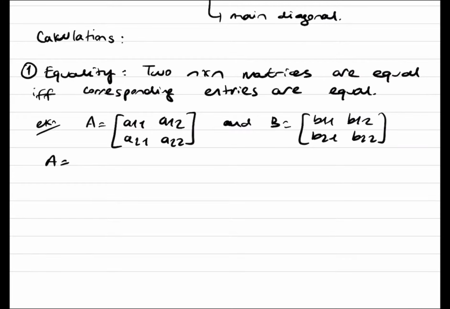Then A is equal to B if and only if all the corresponding entries are equal: a11 must be equal to b11, and a12 must be equal to b12.